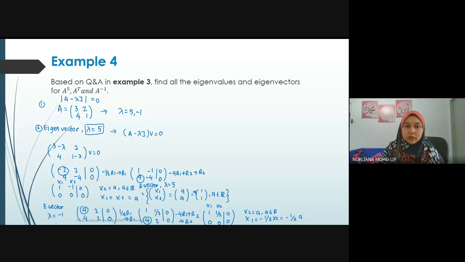So we have the eigenvector for lambda equal to -1, equal to -1/2 a and a, so a times -1/2, 1, where a is any number.